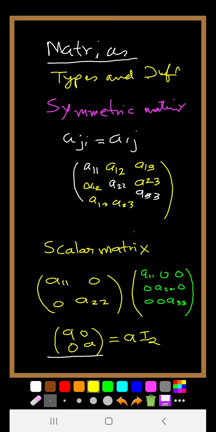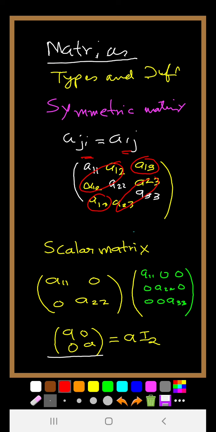So these two are equal, this one and this one are equal. All the non-diagonal elements are equal with respect to interchange of the indices. This is a symmetric matrix.